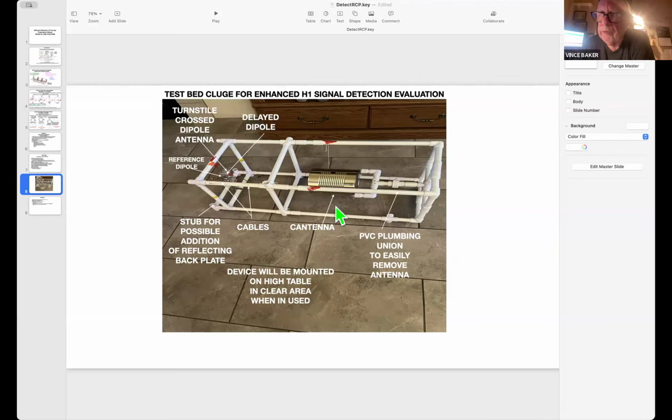Yeah, I understand that, but the parts on the left, your reference dipole, your delay dipole, are those generating a signal that you're going to pick up in your antenna? Yeah, the reference dipole was essentially the green dipole, the green antenna.